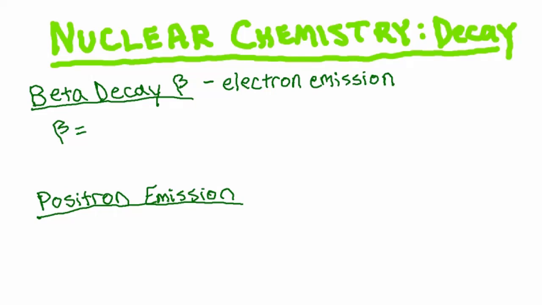So it doesn't give off any mass, because remember, electrons don't weigh anything. I mean, they do technically, but it's so minimal. It never factors into any of the math and the calculating you have to do with chemistry. So we just pretty much say that electrons have a zero mass.